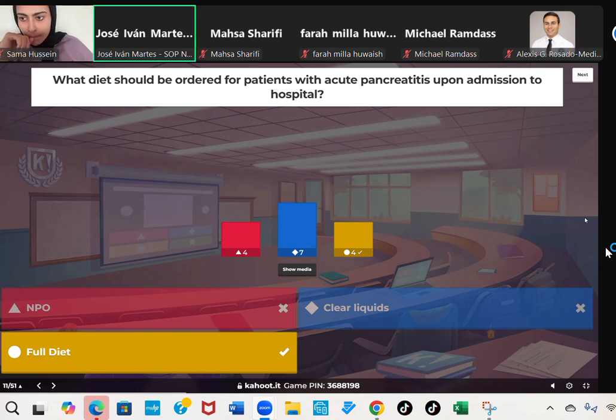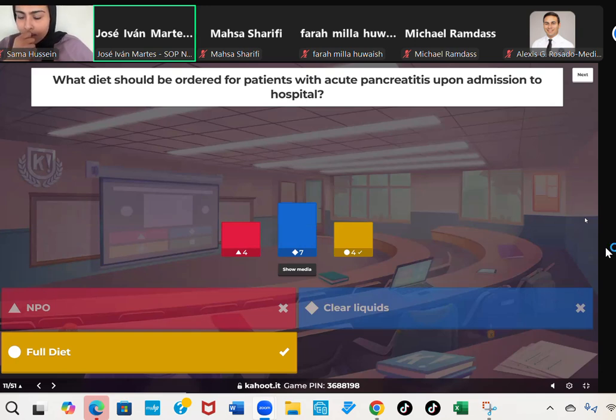I think that point was pretty clear in yesterday's discussion, but the fact that it was upon admission, and we mentioned that as soon as the pain subsides, you want to start them on a full diet. So upon admission, is she pointing towards the fact that the patient just got to the ER or to the hospital, so they are in pain?